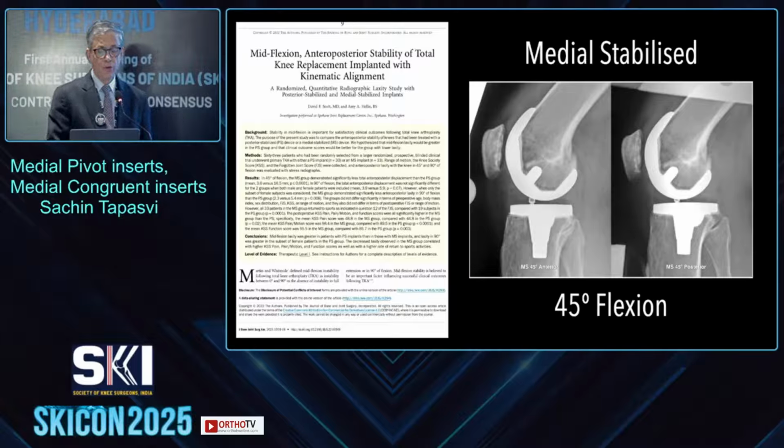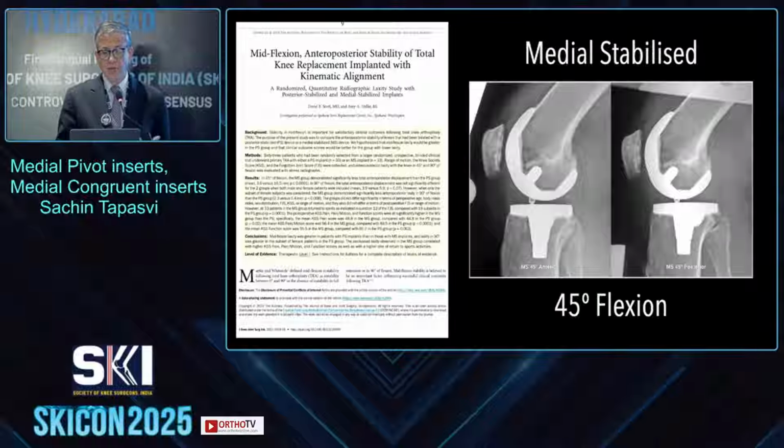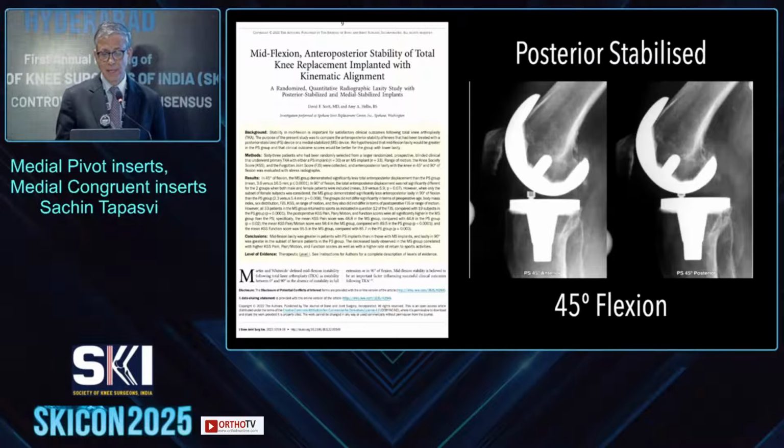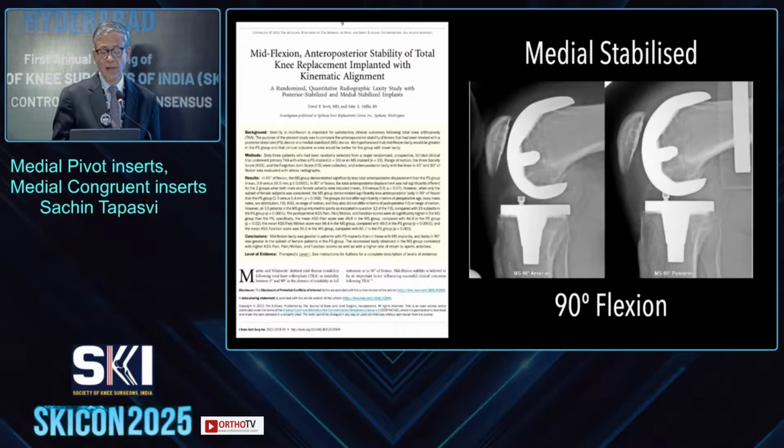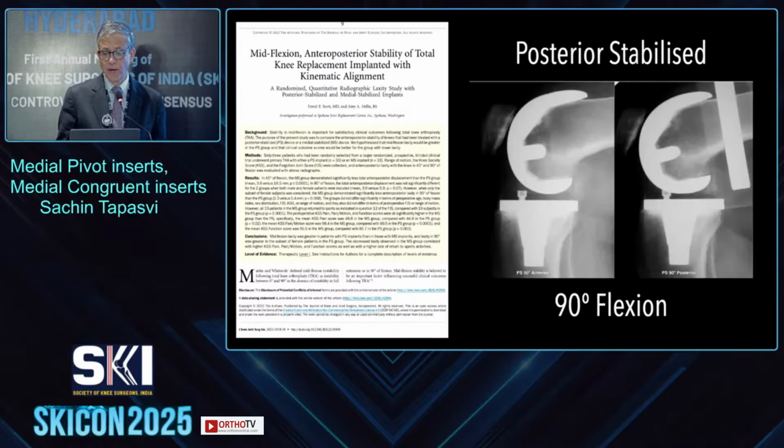And by doing fluoroscopic examination and doing an anterior posterior translation at 45 degrees of flexion, you can see that there is no change with the medial stabilized, whereas with the posterior stabilized, if you are not properly balancing your knee joint, you would find that there is laxity, which is important and critical, and at 90 degrees of flexion, you'll find that it is not too apparent both on the MP and both the PS.